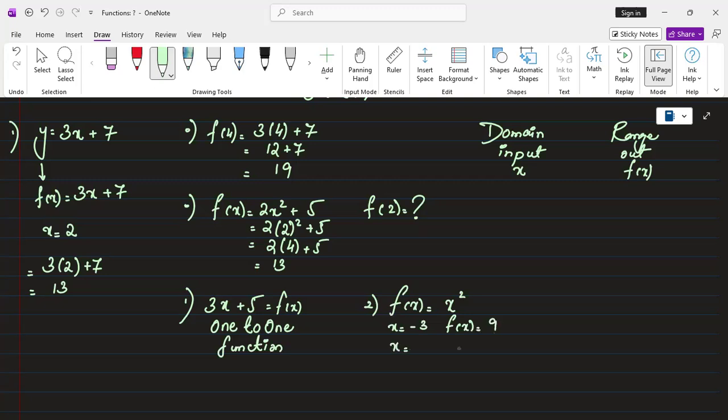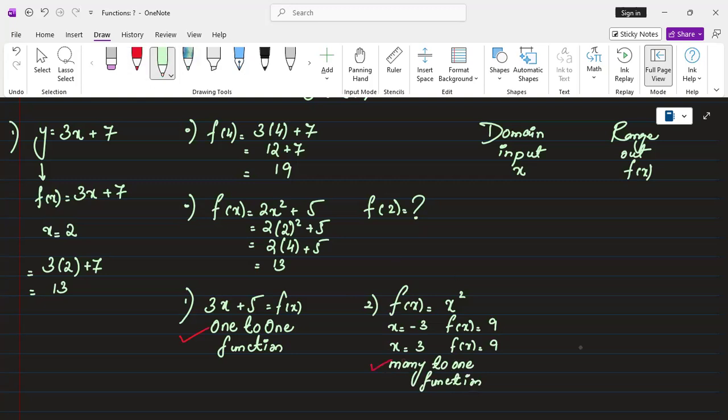Even if the value of x is 3, the value of f(x) is still going to be the same, 9. So this is known as a many-to-one function. Are you getting my point? For many different values of x, you can still have the same answer. You can have a one-to-one function, absolutely correct. You can have a many-to-one function, absolutely correct.